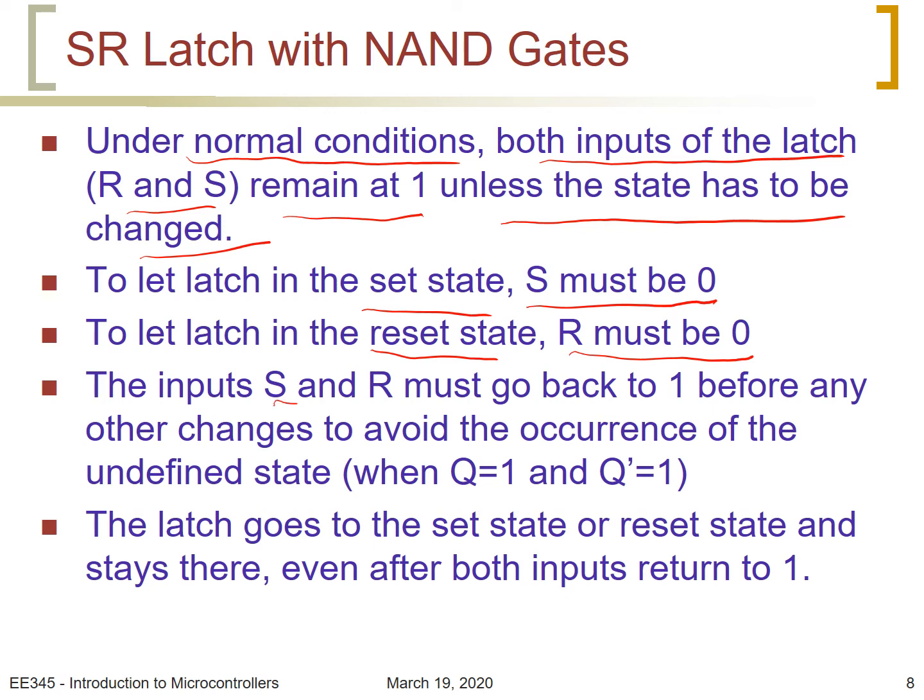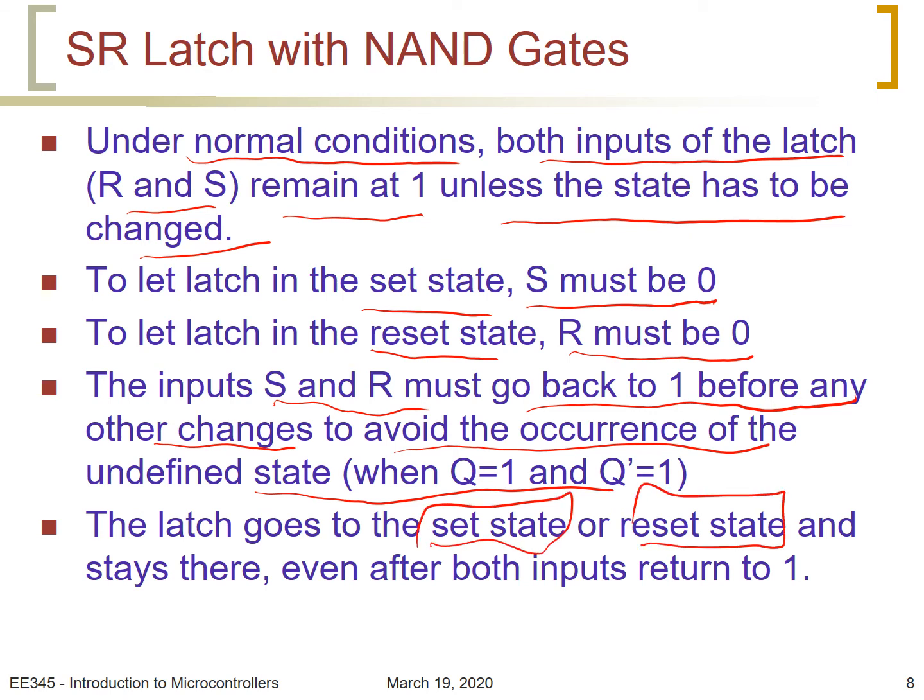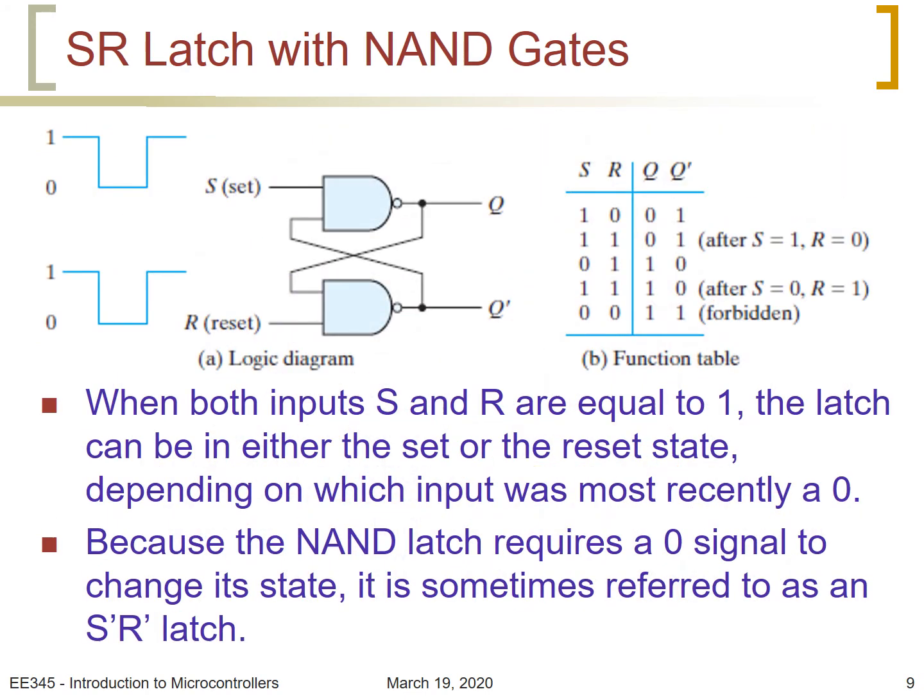And the inputs S and R must go back to 1 before any other change. Why? In order to avoid the occurrence of the undefined state. And the latch goes to the set state or the reset state and stays there even after both inputs return to 1. We will show this again with the following circuit, the function table.